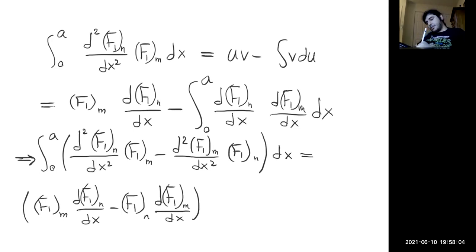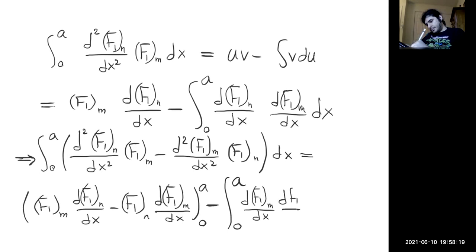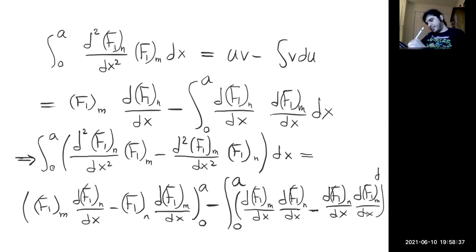This from 0 to a minus the other integral, v du. Minus the other term, but the other term is the same actually, I think, right? Yeah. As you can see, these two terms are the same, right? So their subtraction would be 0. So this integral is equal to 0.